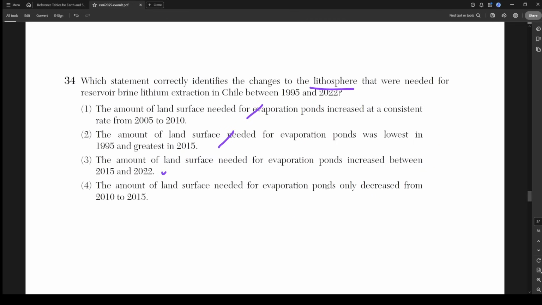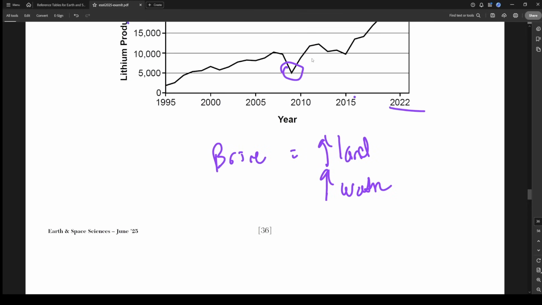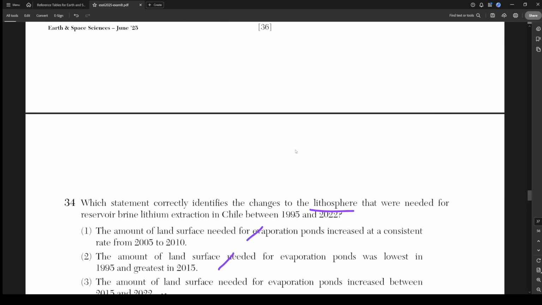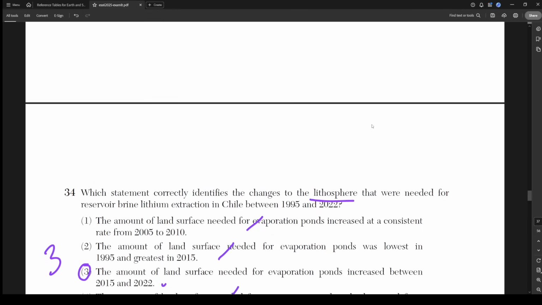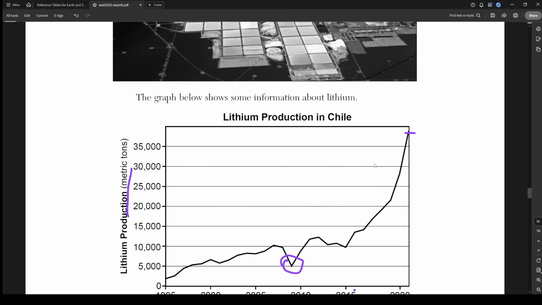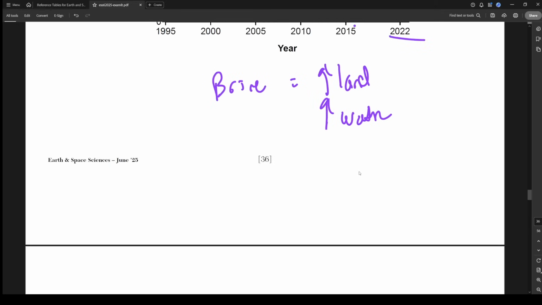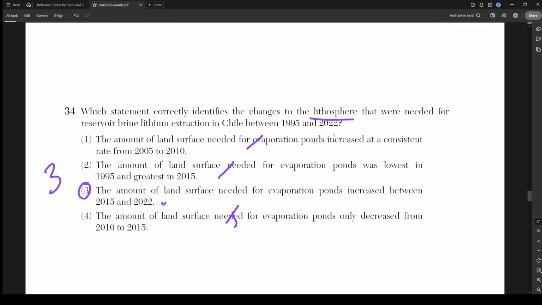The amount of land needed only decreased from 2010 to 2015? No, because it decreased there too. So this is easy, but remember, you had to know from the reading that more brine production would mean more lithium production, and this way would require more land. So you needed to know this from the reading to then get that. So I'm going to say that's one harder than the last one. I'll call this a 5 out of 10.